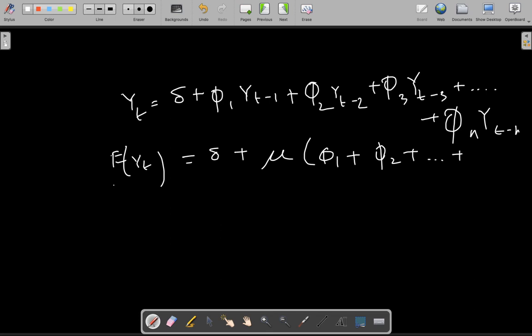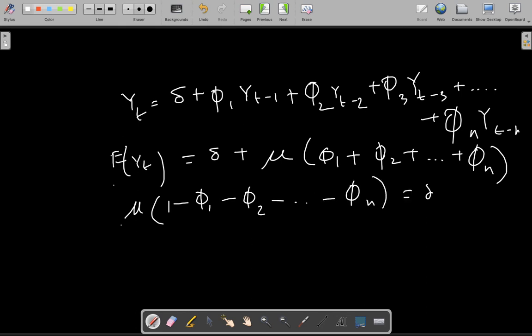Mu is common, so mu times (1 minus phi 1 minus phi 2 minus ... minus phi n) is equal to delta, which means mu equals delta divided by (1 minus (phi 1 plus phi 2 plus ... plus phi n)).